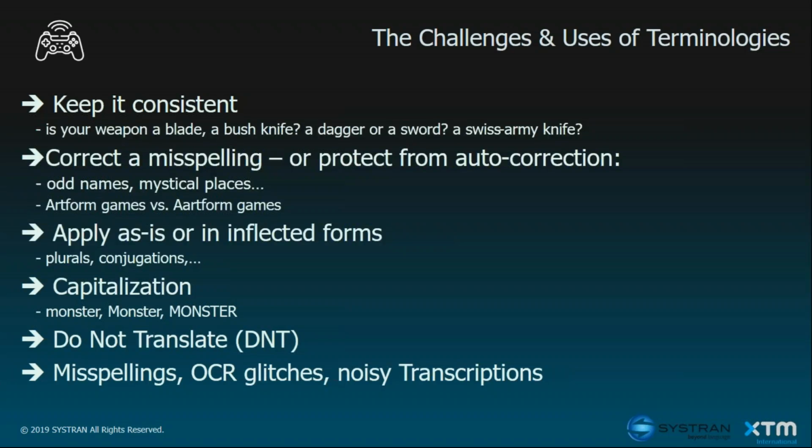You want to also correct misspellings. The spell checker may not detect them all. There are cases where it makes perfect sense to have it spelled this way. It's the right grammatical category, and yet it's not the way it should be. And then, for instance, you may have some things that are properly recognized and translated in a generic form, but not in all of the inflected forms.